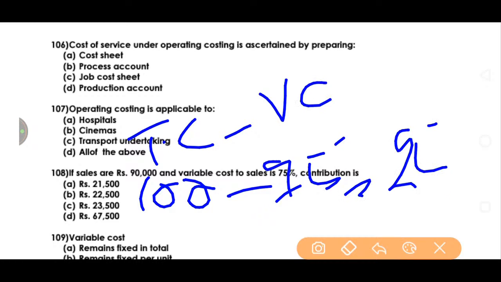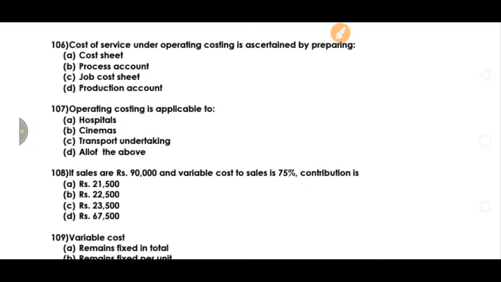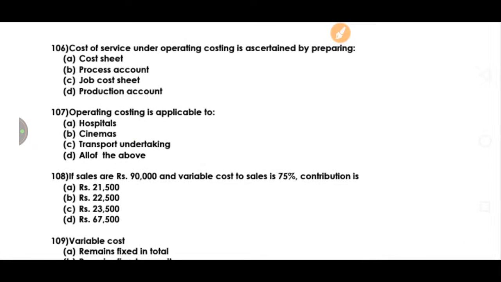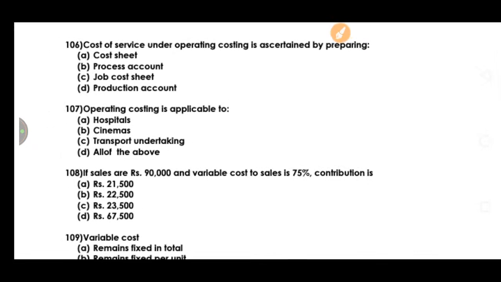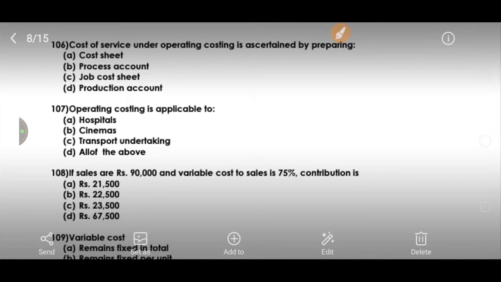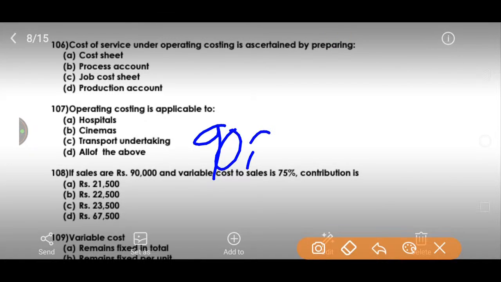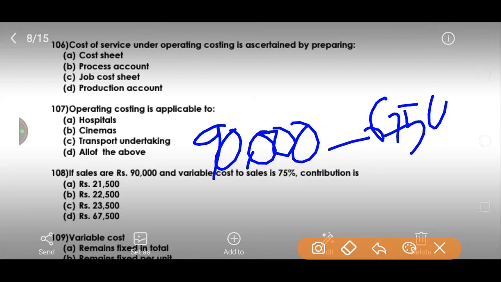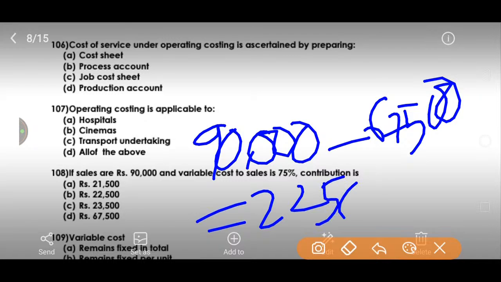So we get 90,000 minus 67,500, we got 22,500. So 22,500 is the right answer.